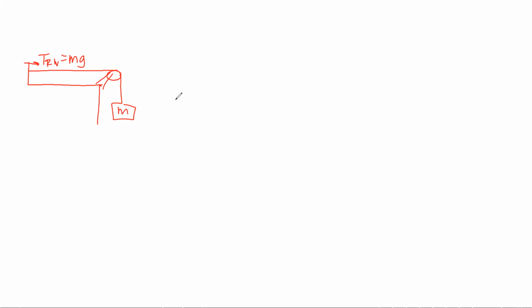The first thing is that on the block, you got T up, mg down, and those are equal. Well, that means that the rope feels a downward force, which means on the top, it feels a force from the pulley. So this is the tension of the pulley on the rope, where this one right here is the tension of the block on the rope.